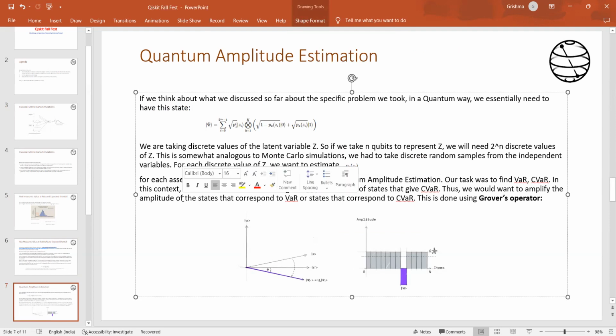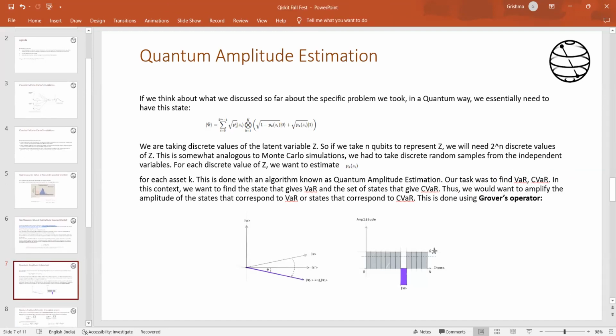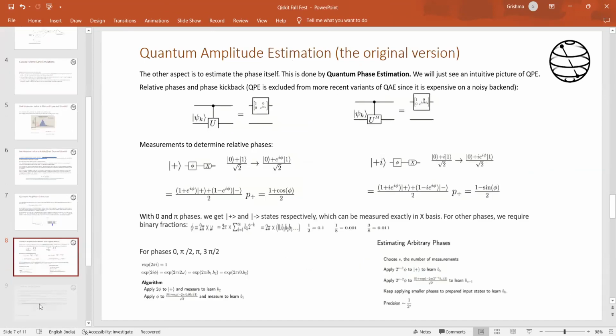There are several variants of quantum amplitude estimation, and I'll just be covering the original version of it. That's basically a combination of Grover's algorithm, or a quantum amplification algorithm, and a quantum phase estimation algorithm.